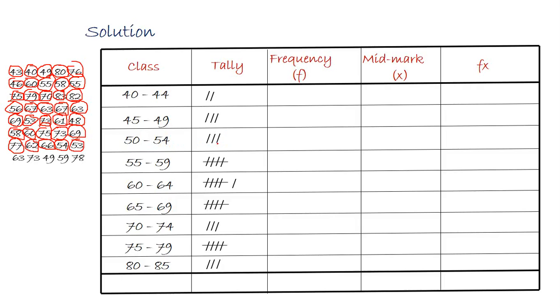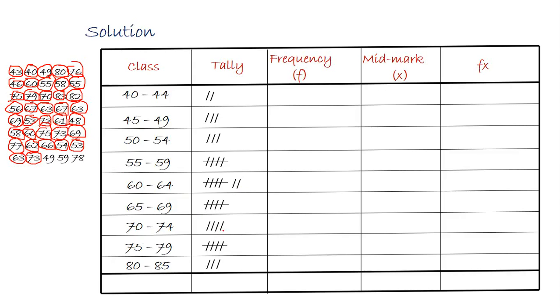Then we have 63, which lies in the class of 60 to 64. Tally it there. Then we have 73, which lies in the class of 70 to 74. Have it there.